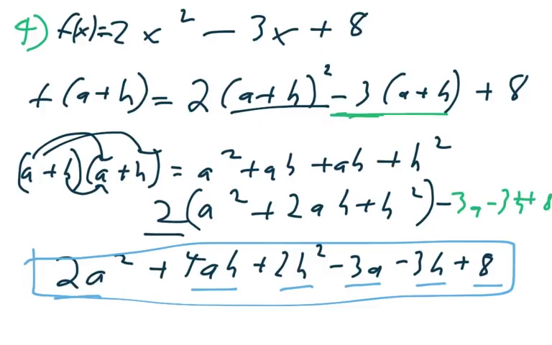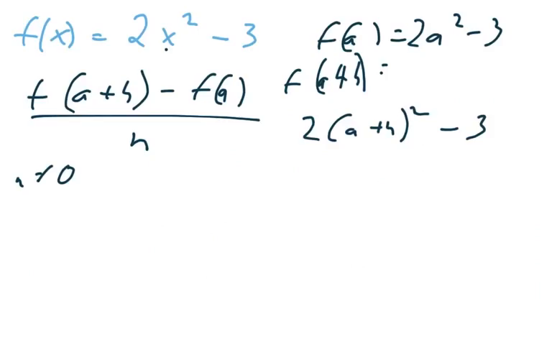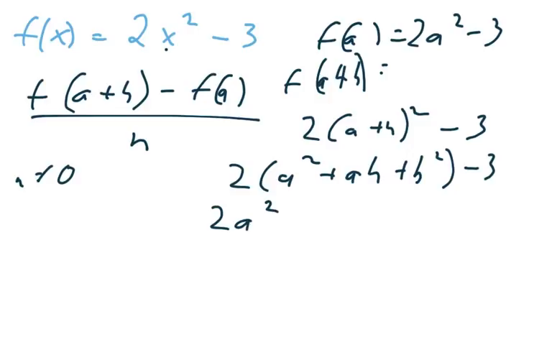Now we take a look back here. A plus h squared was this. And instead of doing it again, we're going to just assume that's correct, or not assume, but it didn't change from one problem to the next. And then I'm going to distribute the 2. So I got 2a squared, there was a 2 in there, plus 4ah plus 2h squared minus 3.